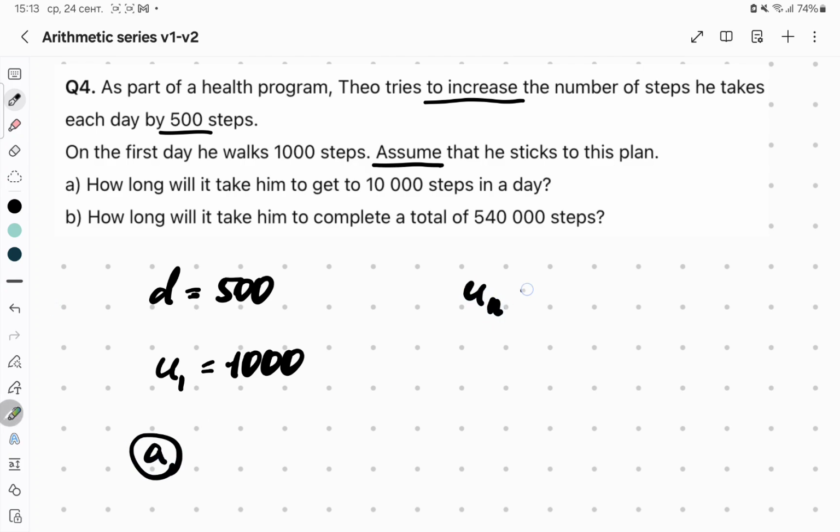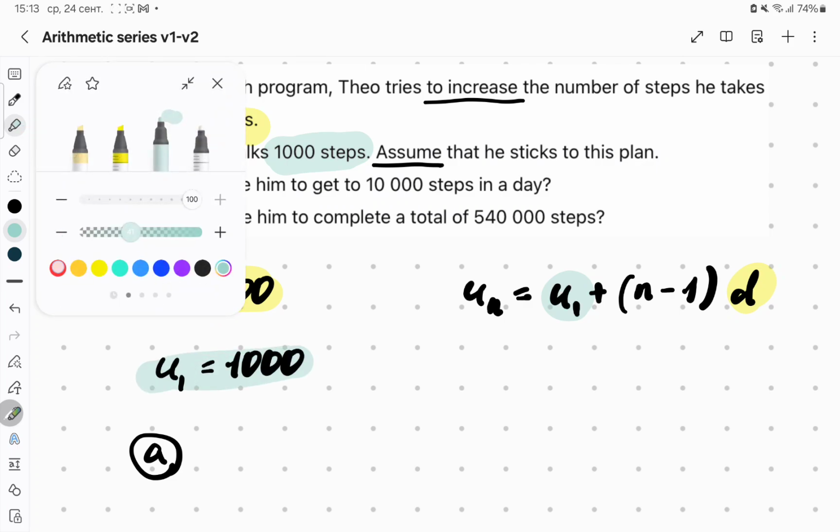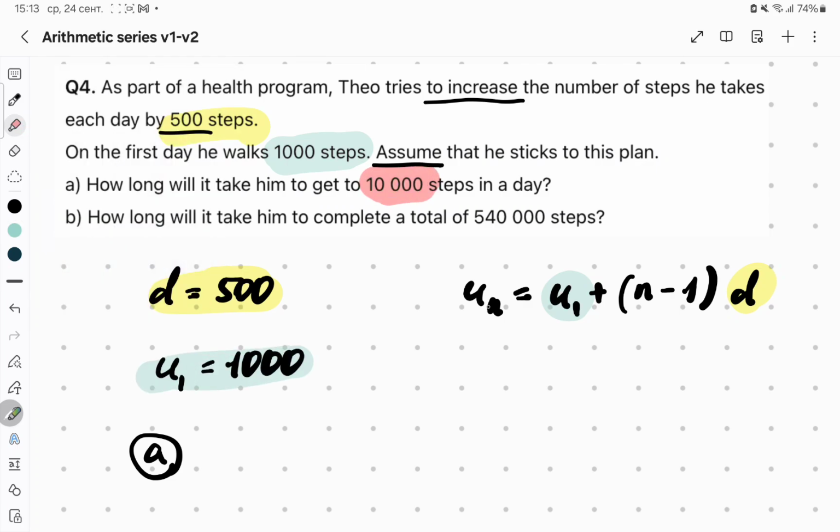So let's remind ourselves of the formula of the general term of an arithmetic sequence, and let's identify what is given. The common difference is given, then 1,000 steps is U1, and 10,000 steps is our Un, we should find n.